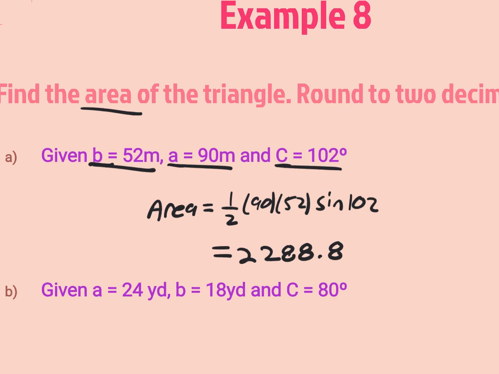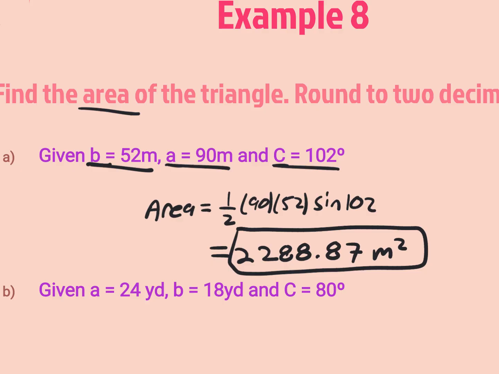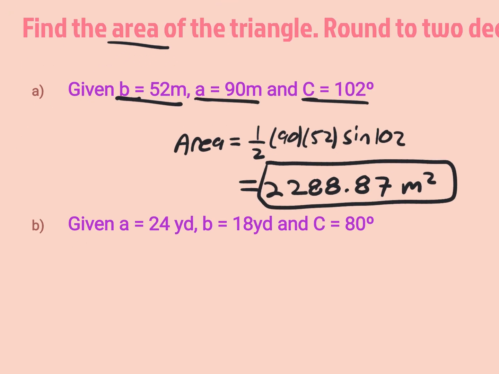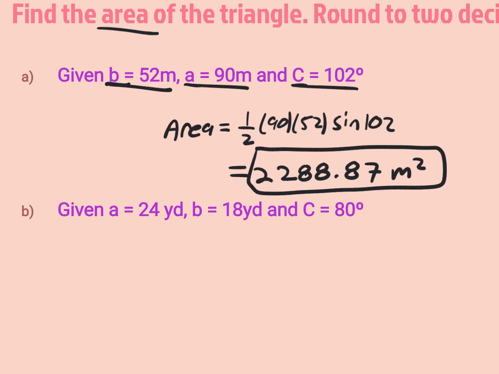To 2 decimal places would be 0.87. And the unit here is square meters. All right, pretty easy. That's all we had to do.